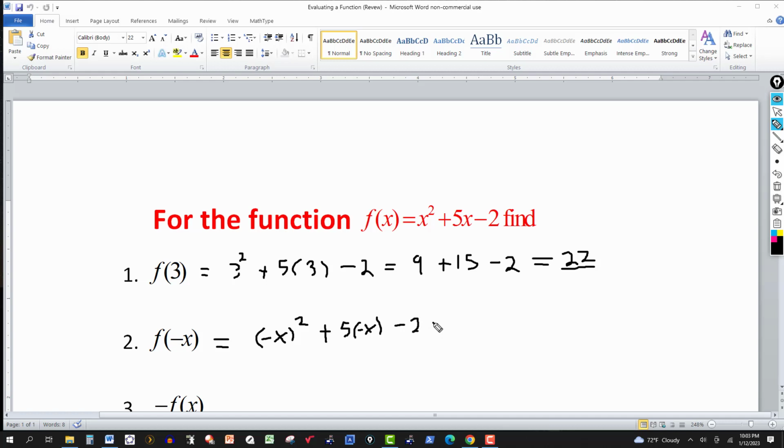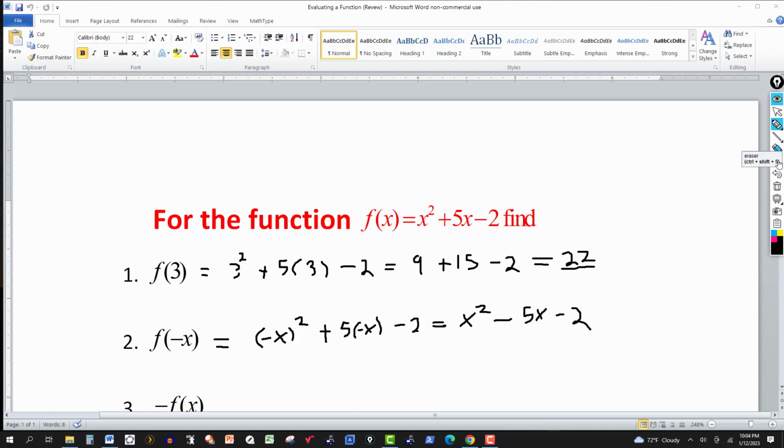And then we calculate here. Simplify. Minus x squared simply squares that negative and leaves me x squared. 5 times the minus x, this will be minus 5x. And then the minus 2 didn't have an x, so that just stays minus 2. So we get x squared minus 5x minus 2.